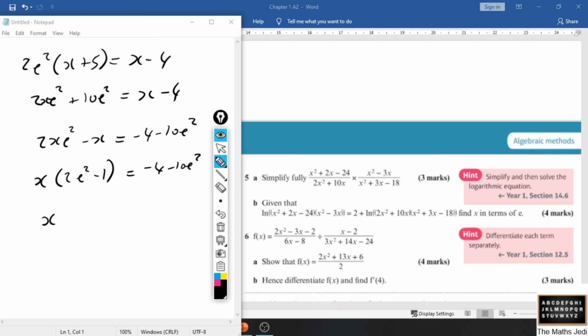And then divide by this bracket. I don't like the top bit being horrible, so I'm going to use some additive inverses to help me out.